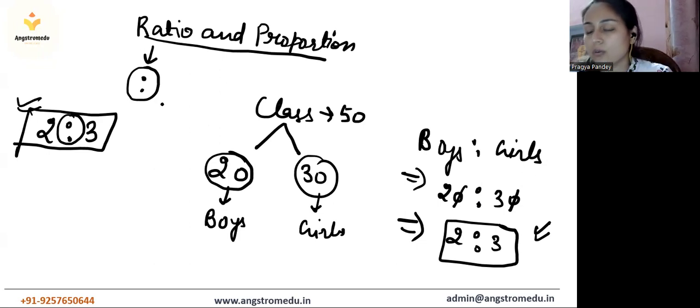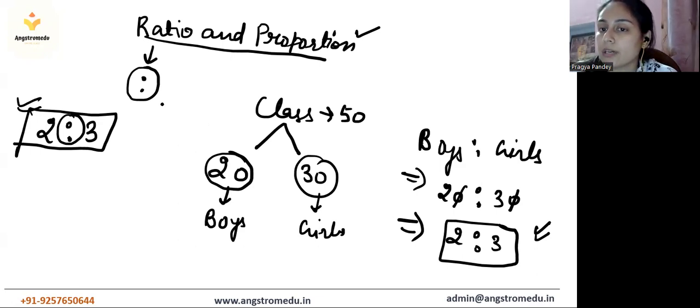Okay, so now let's come to the next topic, which is what proportion is. Proportion is basically a thing in which we are comparing two ratios. So it is a comparison of four quantities.